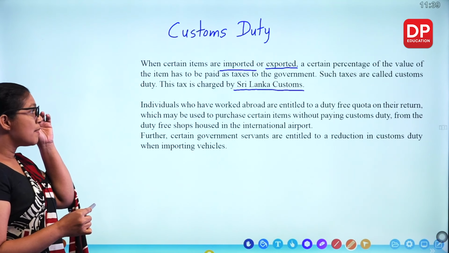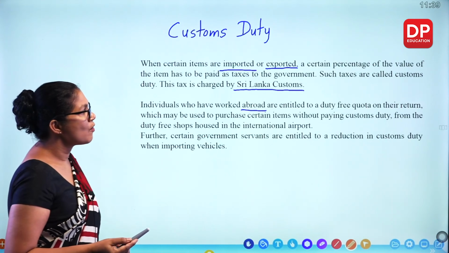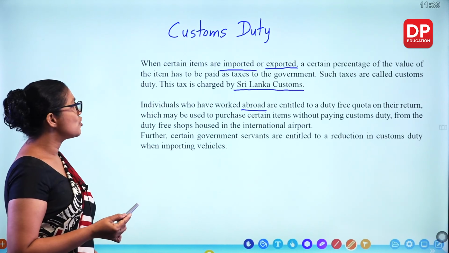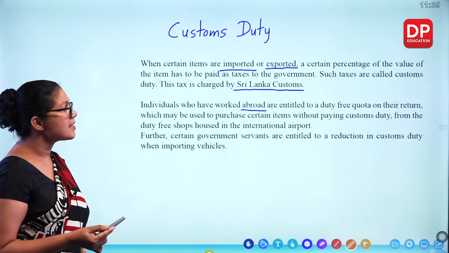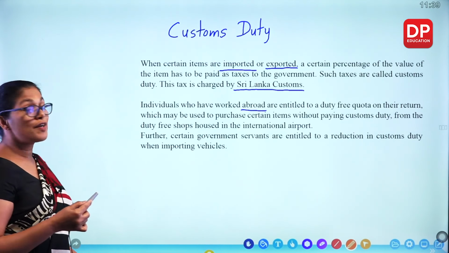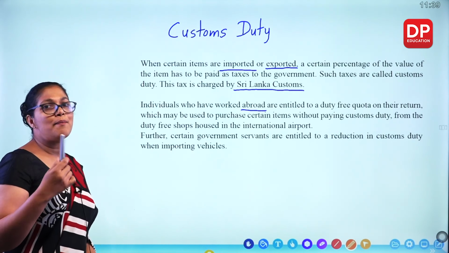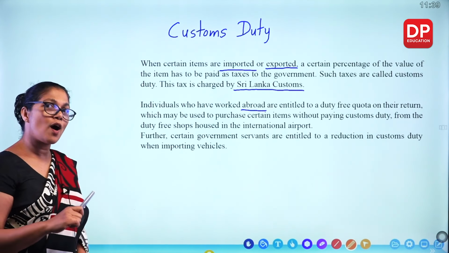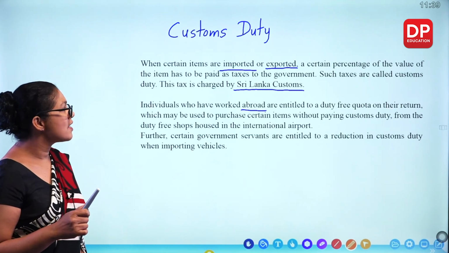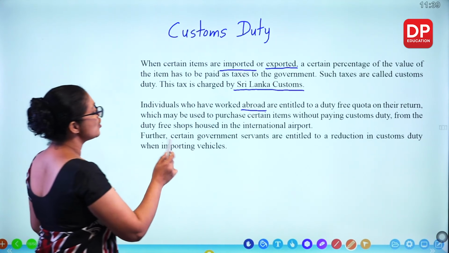Individuals who have worked abroad are entitled to a duty-free quota on their return, which may be used to purchase certain items without paying customs duty from the duty-free shops. So you know, when you go abroad, you can buy some of the items without the tax. So we call those items you can buy from duty-free shops.